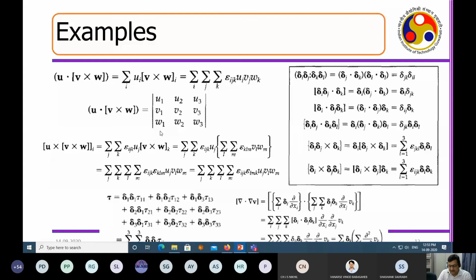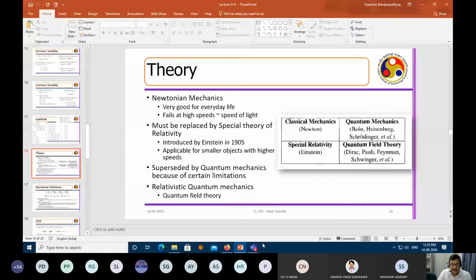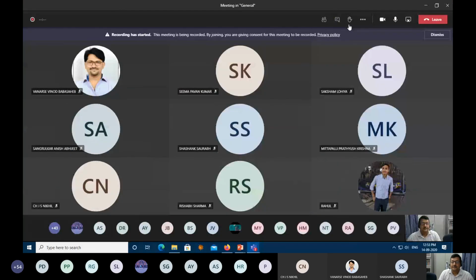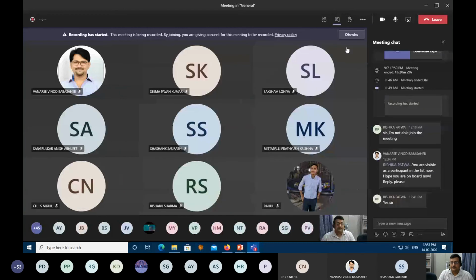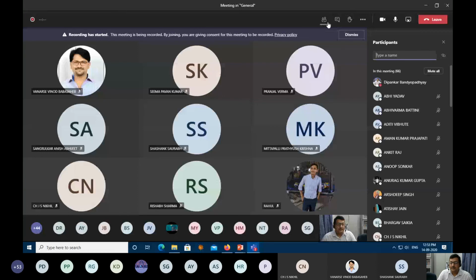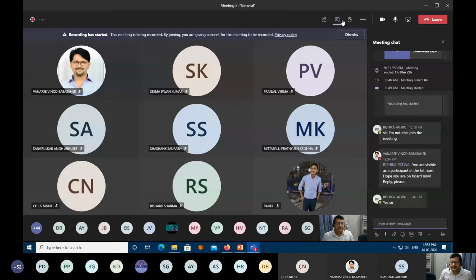So today I stop here, because the only thing remaining in terms of the interpretation is the tensor. So I open the forum for a few questions.